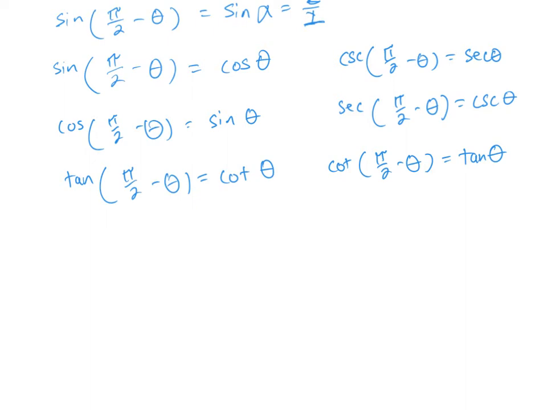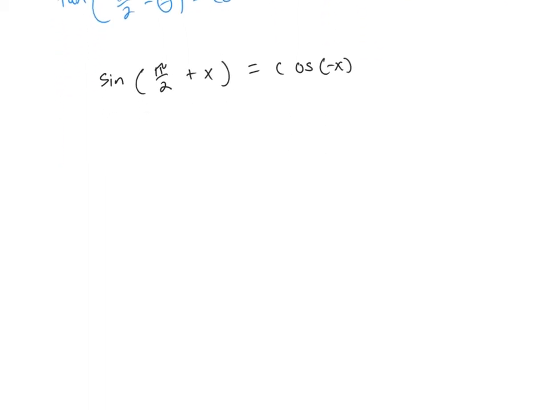Let's put some of this to use. So let's say we had sine of pi divided by 2 plus x, and we want to set it equal to cosine of negative x, and we want to prove that really quickly.